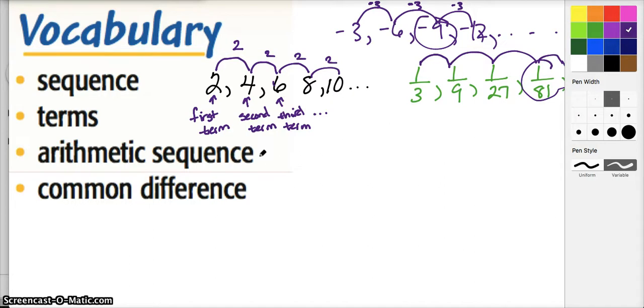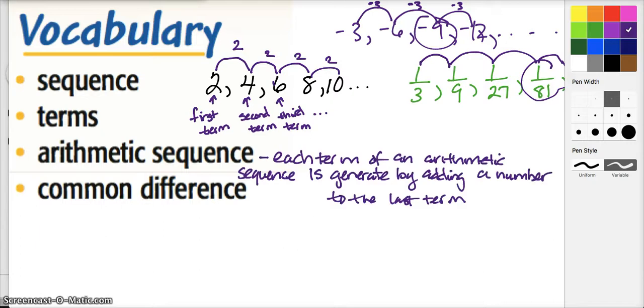This movement of -3 lets me know that I have an arithmetic sequence. So an arithmetic sequence is generated by adding or subtracting a number from term to term. Each term of an arithmetic sequence is generated by adding a number to the last term, and the common difference is the amount that we add. The common difference in this sequence would be 2.